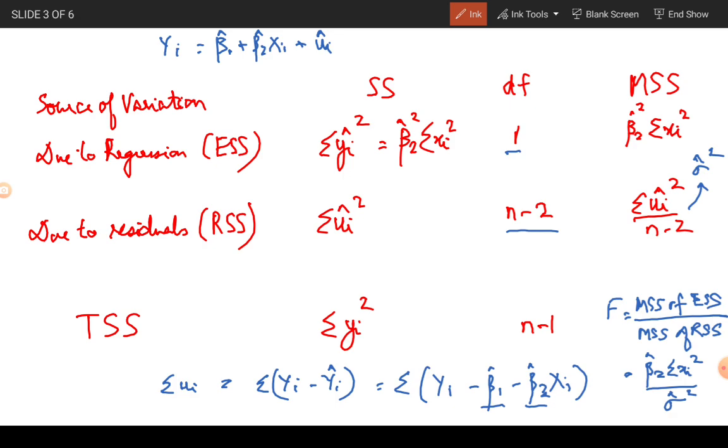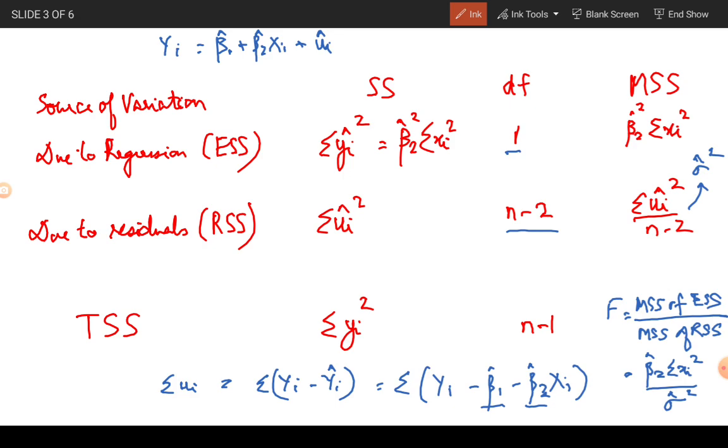This statistic, or this ratio thus calculated, follows an F distribution where the numerator has 1 degree of freedom and the denominator has n minus 2 degrees of freedom. The reason we say it's an F distribution is because these sums of squares actually follow chi-square distributions, and when you have a ratio of two chi-square distributed variables, the ratio follows an F distribution.